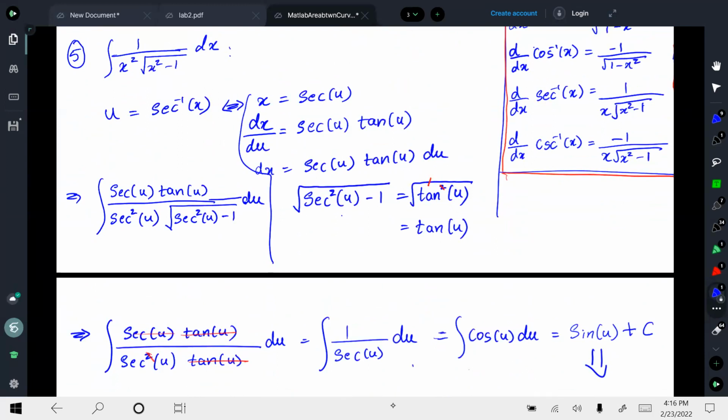Okay, and the next step is the MATLAB code. I don't want to get into that because that's what we have been doing in previous labs, right? So you just have to define X, that is, the symbolic expression X, then enter the integrating function, and then integrate the function with respect to X using int, right?